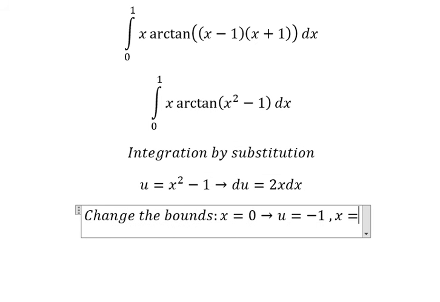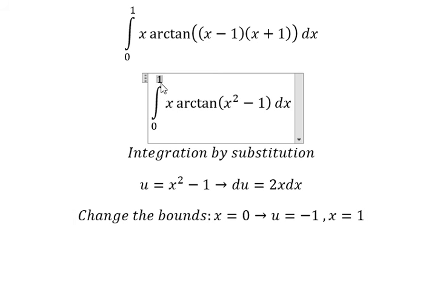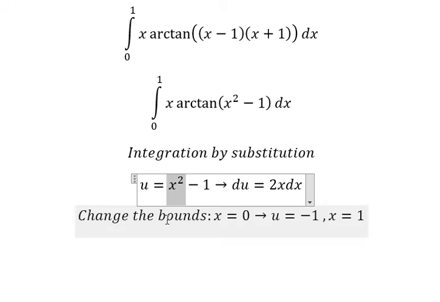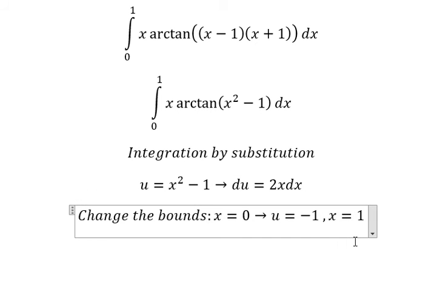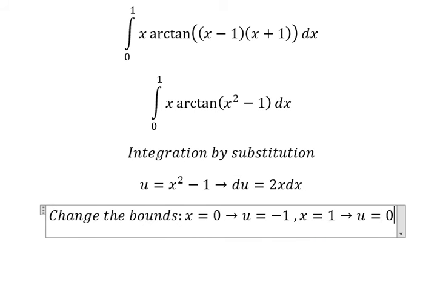When s equals 1, I will put number 1 here, and we have u equals 0, because 1 squared minus 1 is 0.